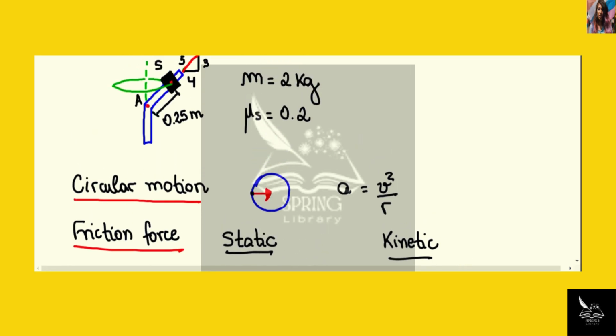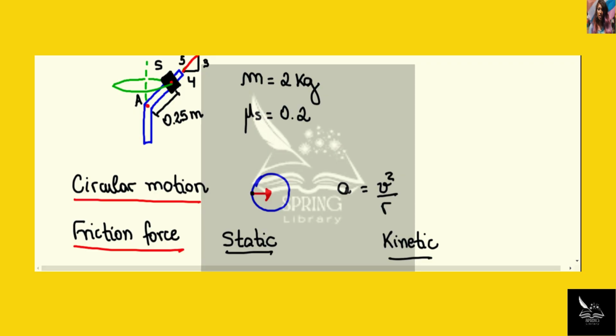So what we have in the exercise is a spool that has a mass of 2 kilograms that is loosely attached to a rod that is inclined, as shown here in the figure. And the spool is at a distance from point A of 0.25 meters.